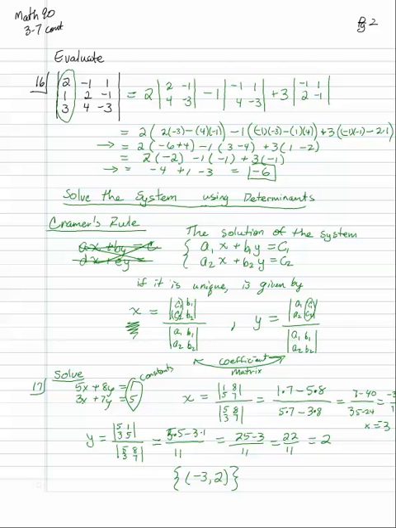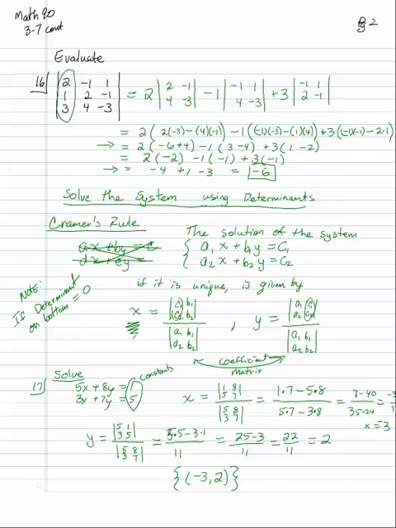Okay, so that's Cramer's rule for 2 by 2 systems. Now note, if the denominator, the determinant on the bottom, the coefficient matrix, equals 0, then it's one of the special cases. You can't use Cramer's rule.